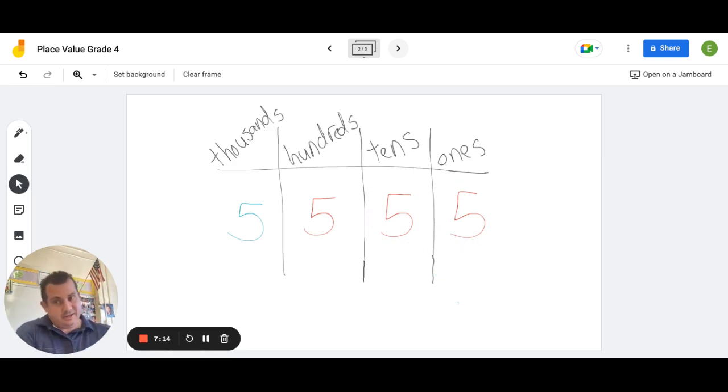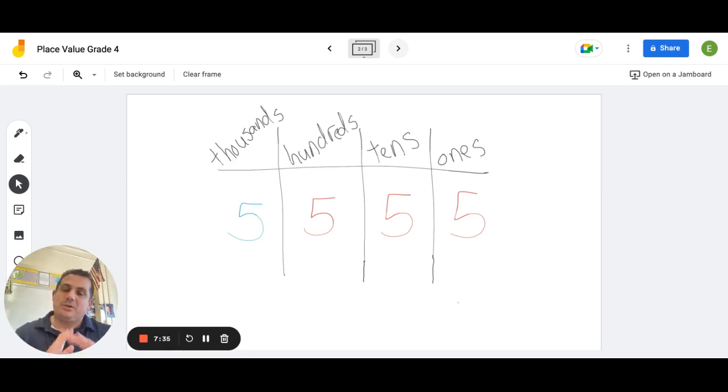So it's 10 times greater as the place values get greater, 10 times smaller as you move to the right. And we also say 10 times smaller is 1/10 of.